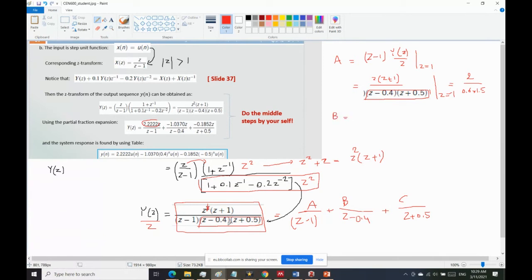For B, for example, we take this Y(z) over z and multiply it by the second pole factor, z minus 0.4. What happens is that we evaluate at z equals 0.4. This will cancel out this, and then we do the evaluation.